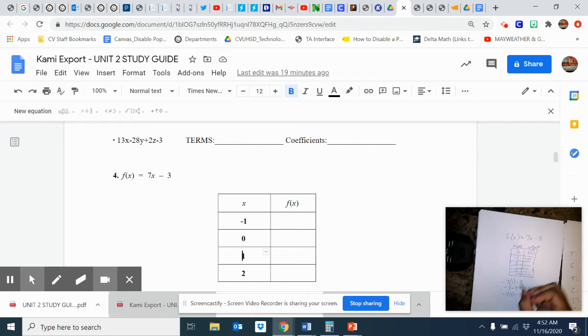So 7 times 0 is 0. 0 minus 3 equals negative 3. And this is all f of negative 1, the function of this. This is f of 0. And this is going to be the function of positive 1.